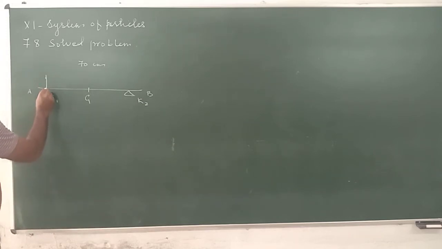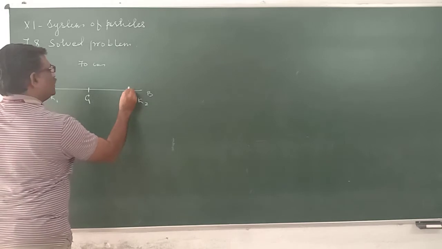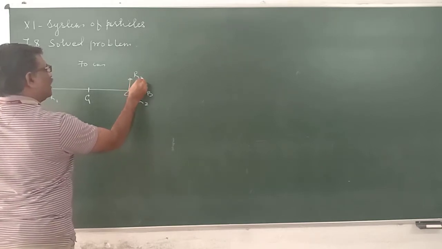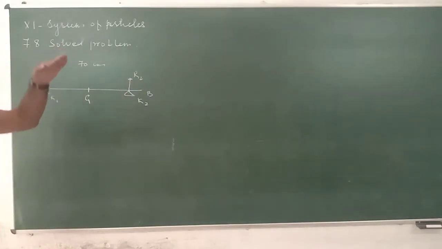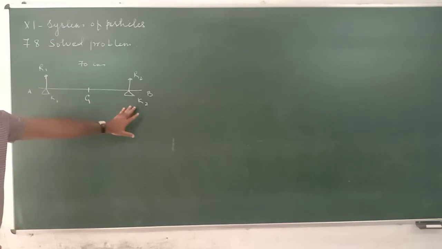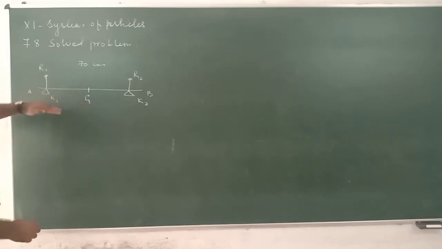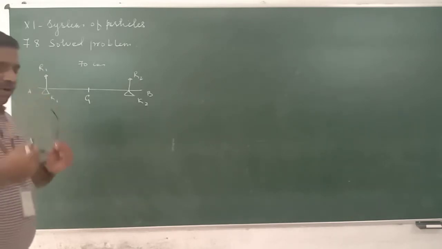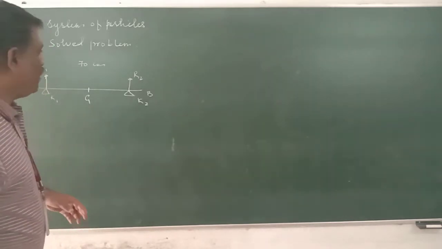Because of this support there is reaction R1, and because of the other support there is reaction R2. The bar's weight acts in the downward direction, and there are reactions R1 and R2 from the edges on the bar.